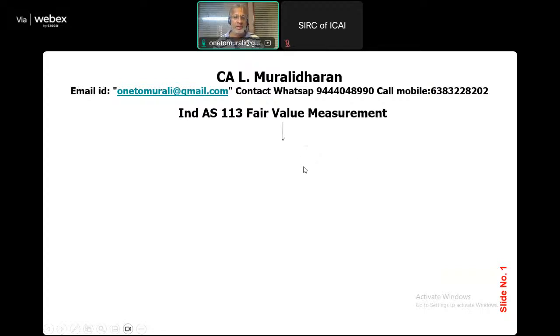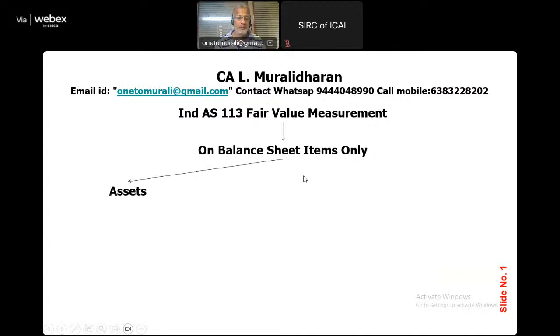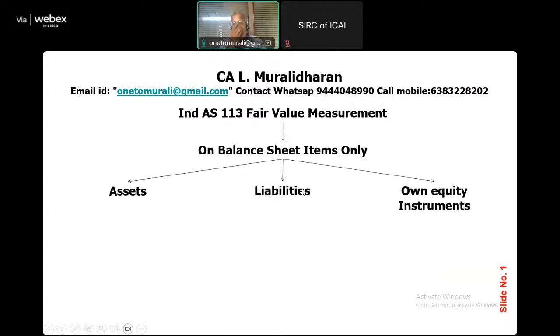So Ind AS fair value measurement is only for balance sheet items. This is for assets as well as for liabilities and equity, especially own equity instruments. So the focus for 113 is on balance sheet items only, on assets, liabilities and own equity instruments.